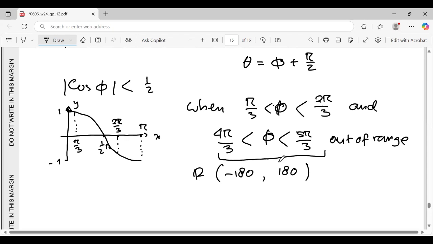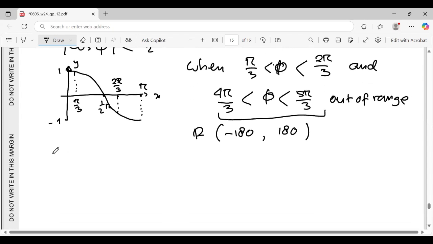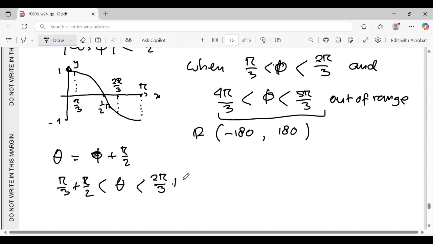So if we convert back to theta, theta equals phi plus pi half, the interval becomes theta greater than pi third plus pi half, less than 2 pi third plus pi half.